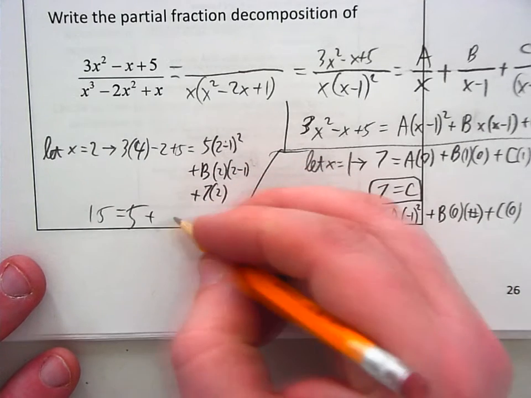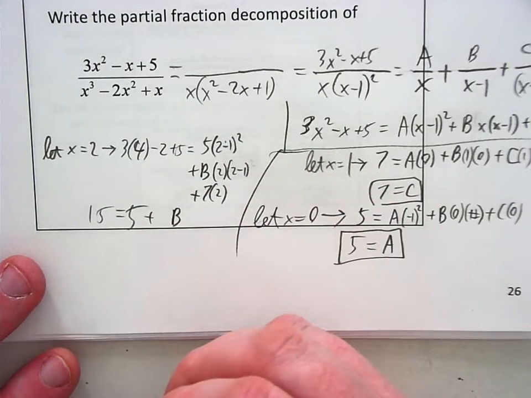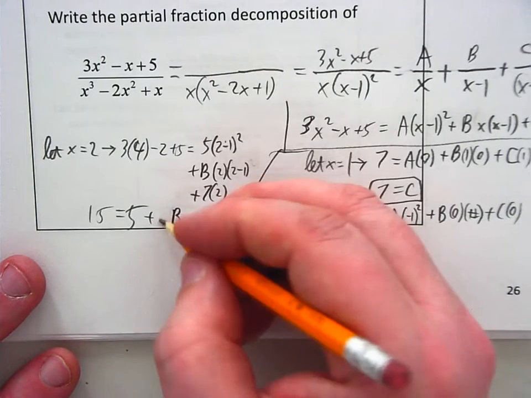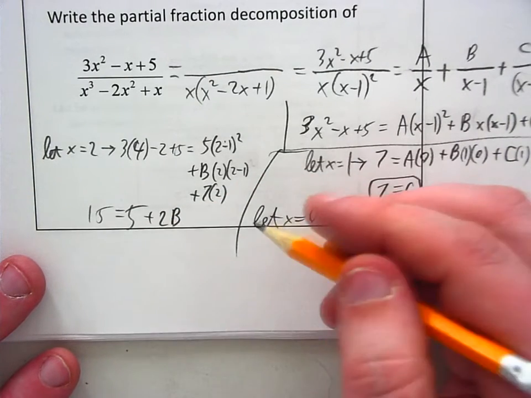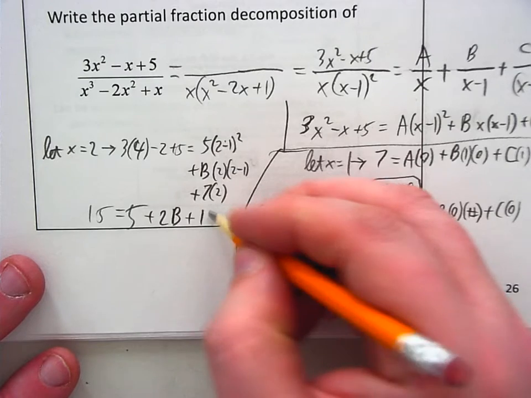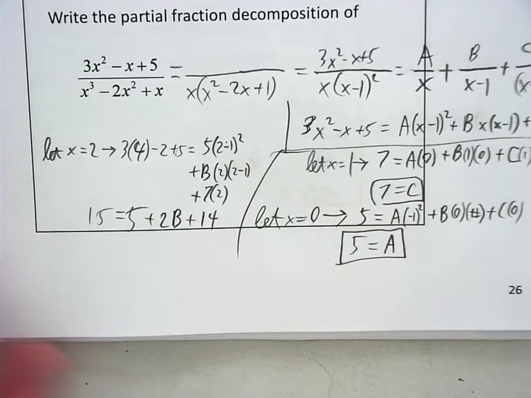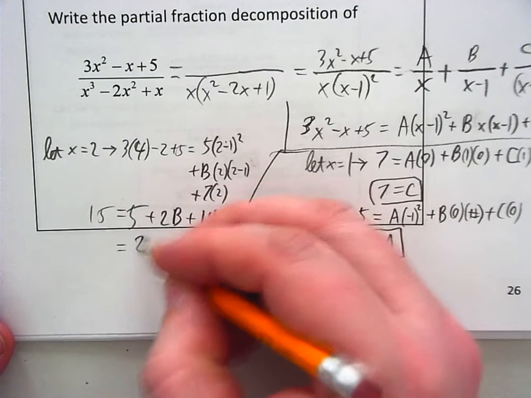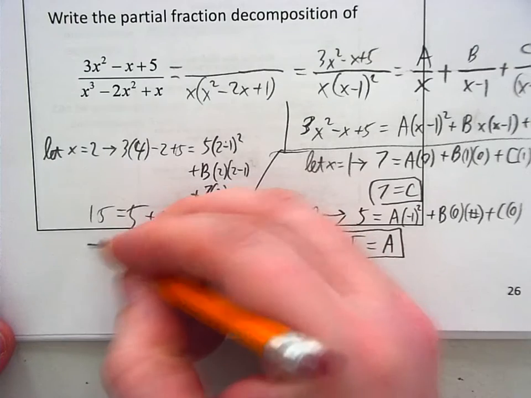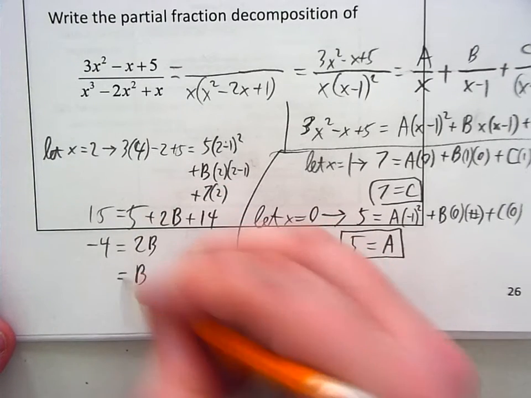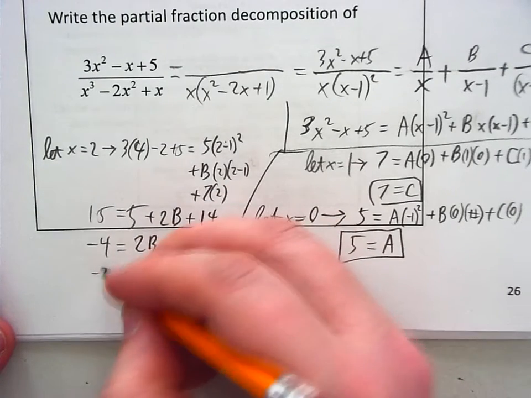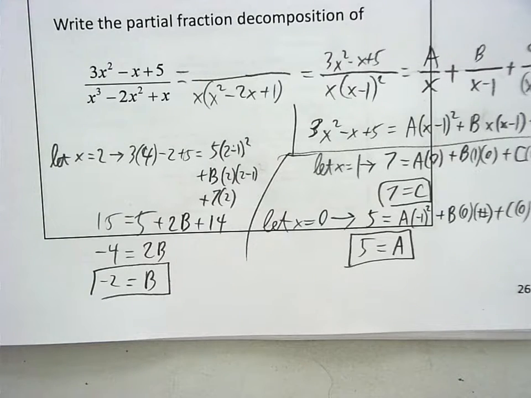What do I get for the coefficient on b? 2. 2 times 1 is still 2, plus 14. So, if I move over the 5 and move over the 14, what do I get on the left side? Negative 4. So b is negative 2.